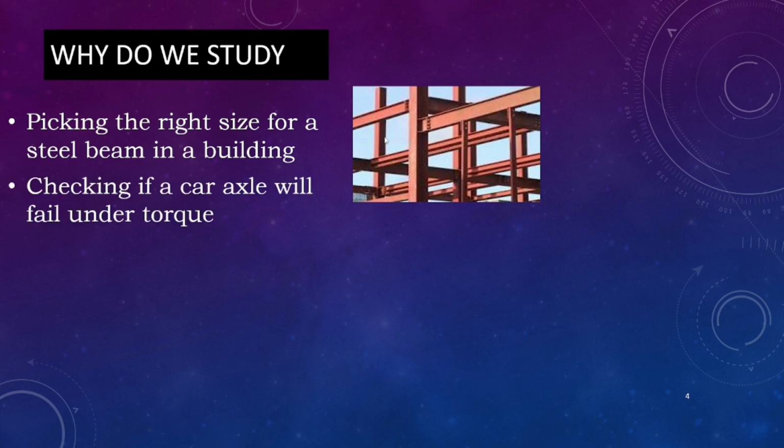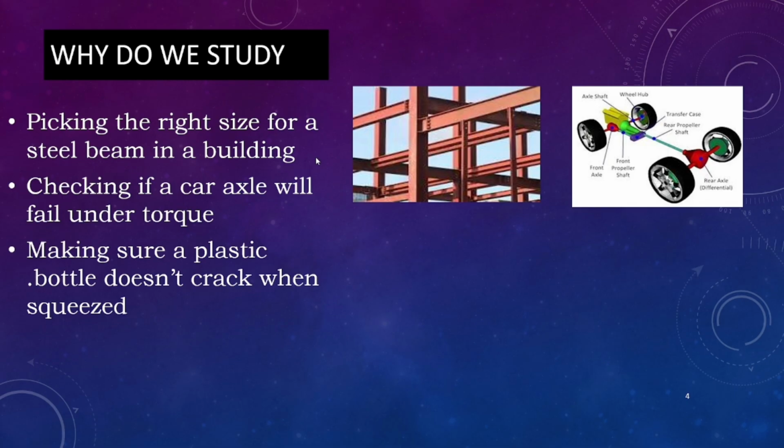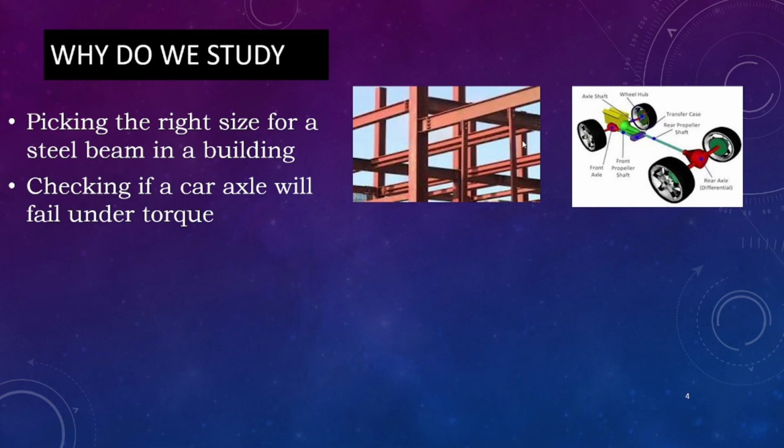Then the next one is it helps us check if a car axle will fail under torque. Don't forget that in cars we have the engine, which is connected to the transmission, the gearbox within a vehicle. At this point we have a wheel here.